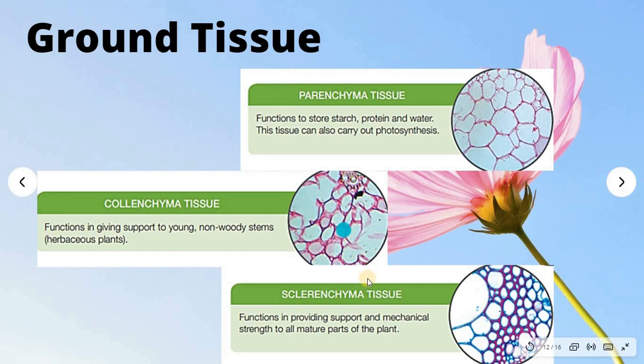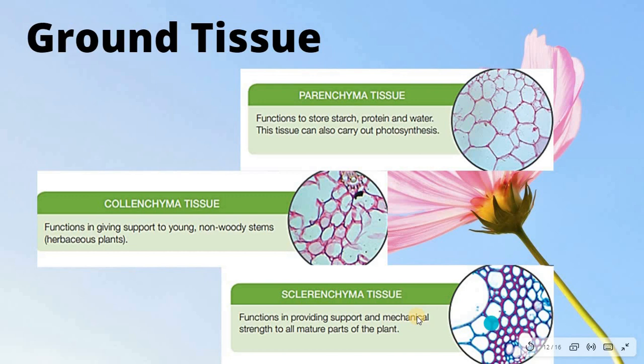Okay, and then we go to the sclerenchyma tissue. So this is the sclerenchyma tissue. We can see the difference between the three of them. The sclerenchyma tissue has a thicker cell wall. Okay, so what is the function of the sclerenchyma tissue?